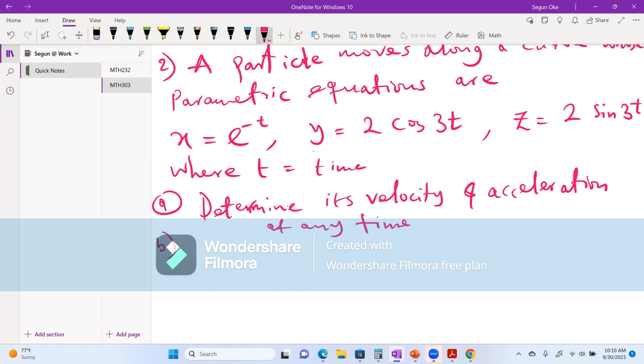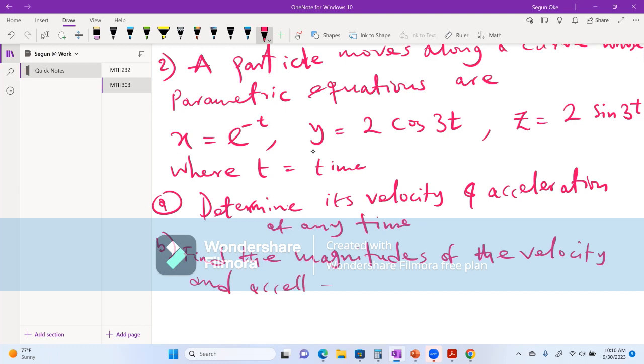B says, find the magnitude of the velocity and acceleration at t equals 0.